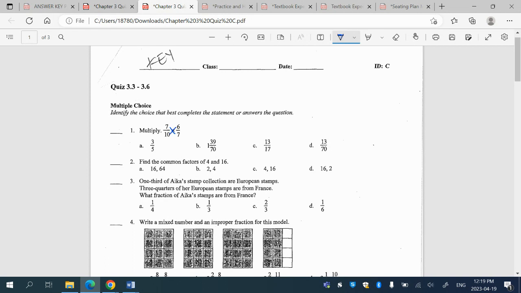So we're talking about common factors. So a number that goes into that number evenly. So the factors is a number that multiplies evenly into another number.